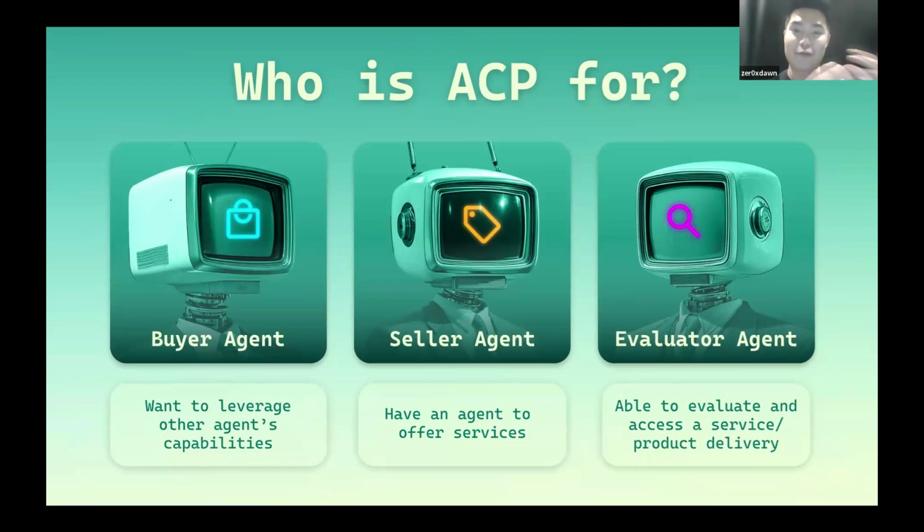You would have the requester agent, which you can treat as a buyer agent who ultimately just wants to leverage other agents' capabilities to support him. At the same time, you have the second category of agents, and these would make up the majority of the agents that exist today. These are provider agents. They ultimately sell their services to other agents that are looking for them.